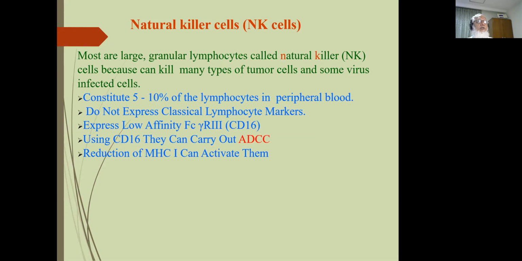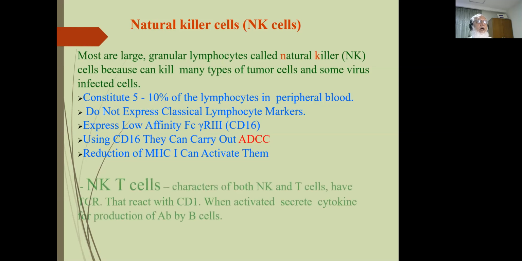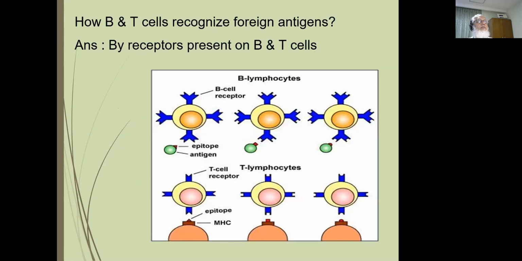Reduction of MHC1 can activate them, and MHC1 is reduced by viral infection or other things. There are some natural killer cells with T cell marker that react with CD1. These natural killer cells have T cell receptor. They react with CD1, and when activated, they secrete cytokine for production of antibody by B cells.